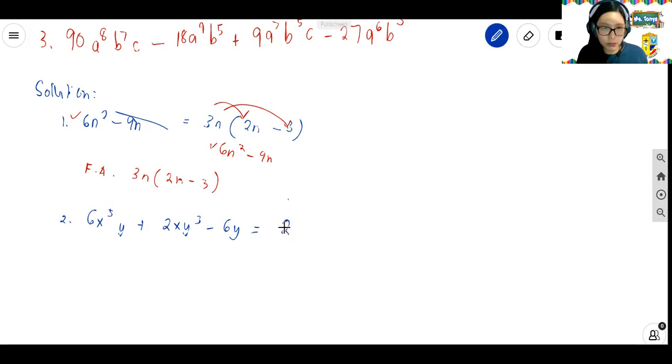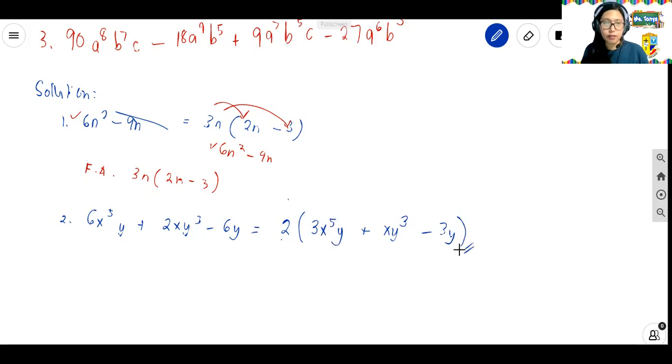And then for the variable, as you can see, the third term doesn't have an x variable. Therefore, the only common term here is 2. So I'll go straight to getting my other factors. 6x to the fifth y divided by 2 is 3x to the fifth y, plus 2xy cubed divided by 2 gives me xy cubed, minus 6y divided by 2 would give me 3.